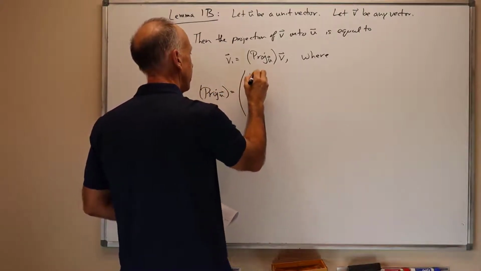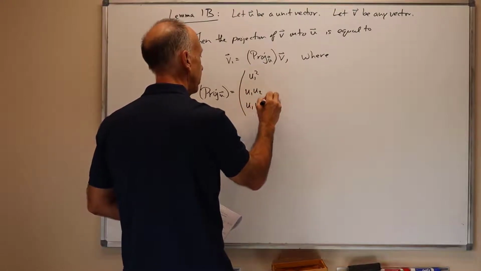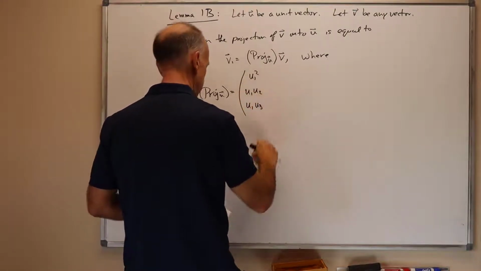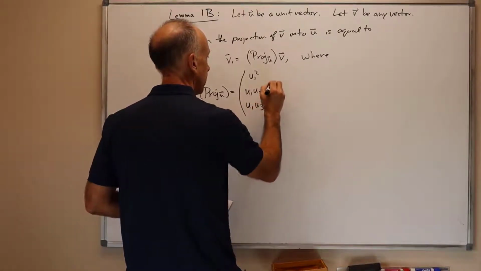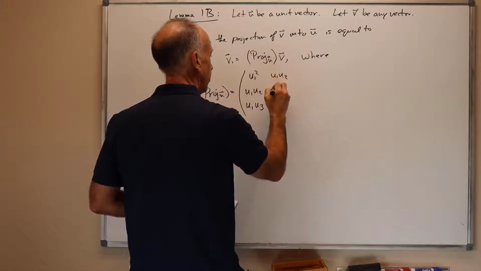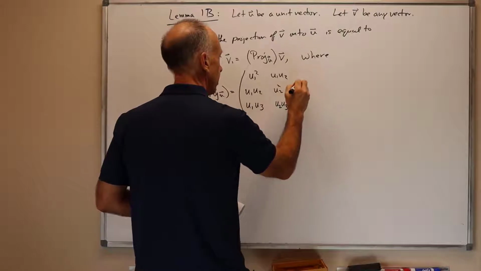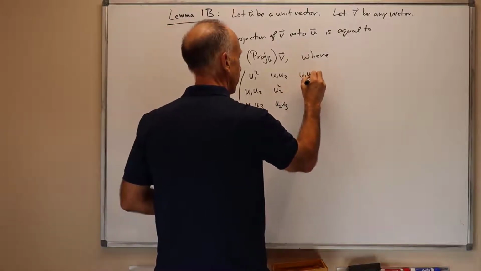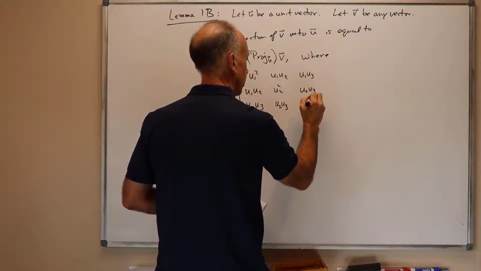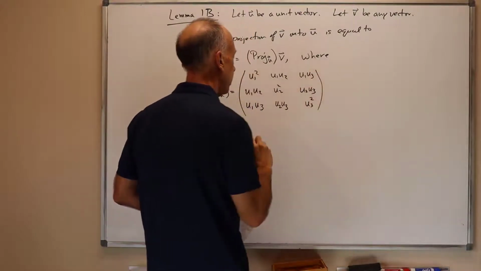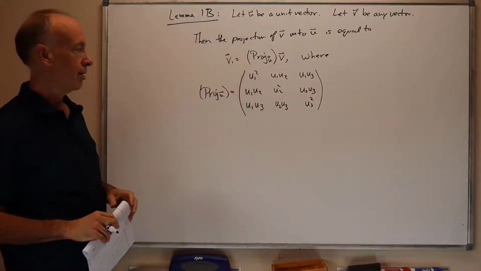It's got u1 squared, u1 u2, u1 u3; u1 u2, u2 squared, u2 u3; u1 u3, u2 u3, u3 squared. So we've got a 3 by 3 matrix that gives us the projection.